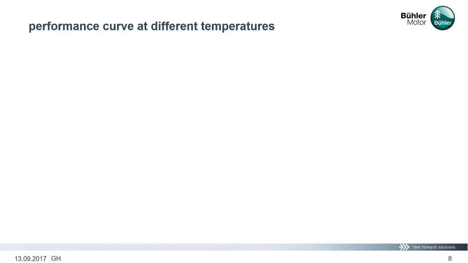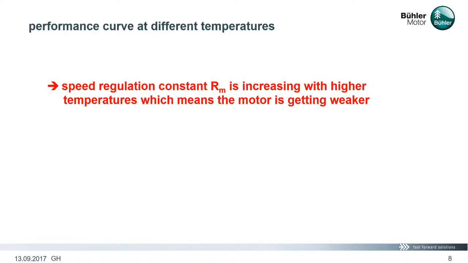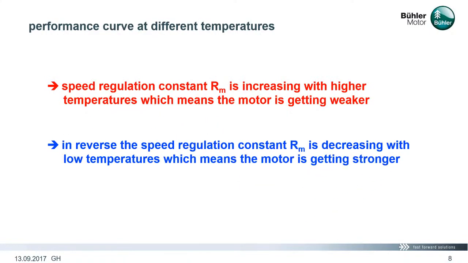Due to these physical impacts, the speed regulation constant Rm is increasing with higher temperatures, which means the motor is getting weaker. In reverse, the speed regulation constant Rm is decreasing with lower temperatures, which means the motor is getting stronger.